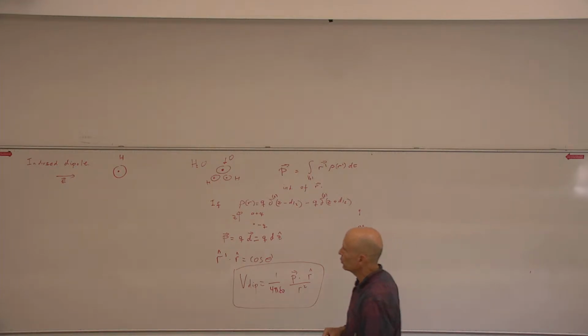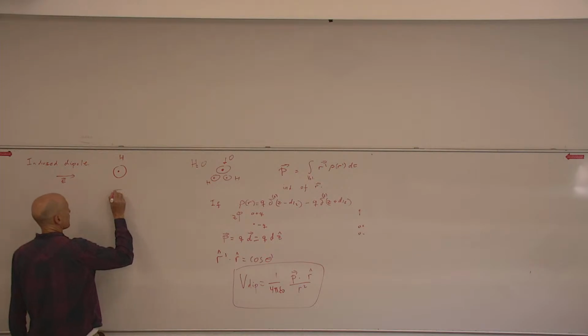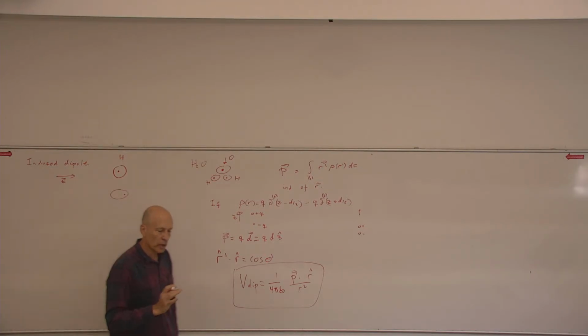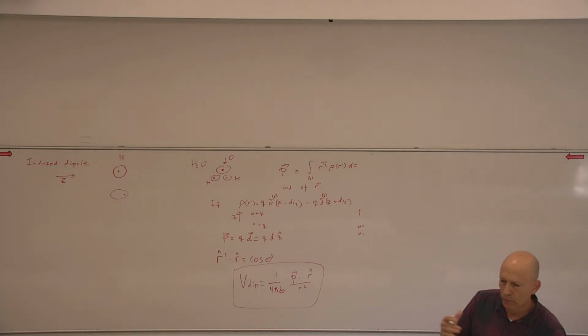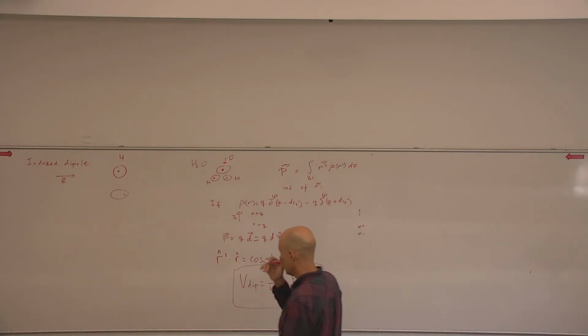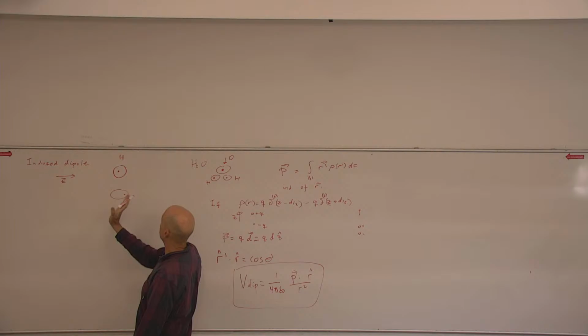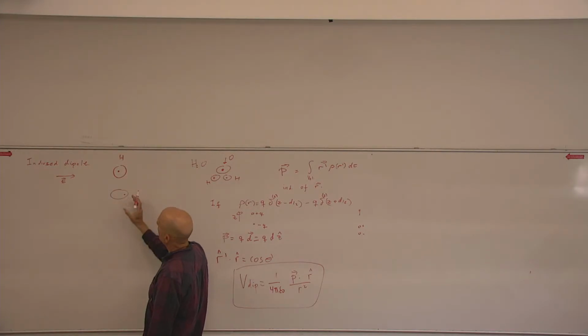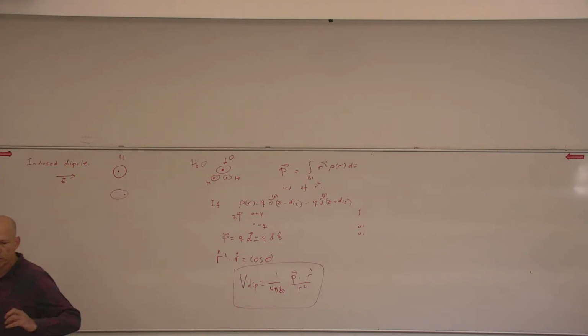And what will it do to this hydrogen atom? It will make it into a cigar shape, more or less. I'm totally not exact, I'm just saying what is obvious. Then later we can build a theory. What does this mean? You have a field in this direction, so the positive charge is pushed that way, and the electron is pushed the other way, so you smear the charge density.